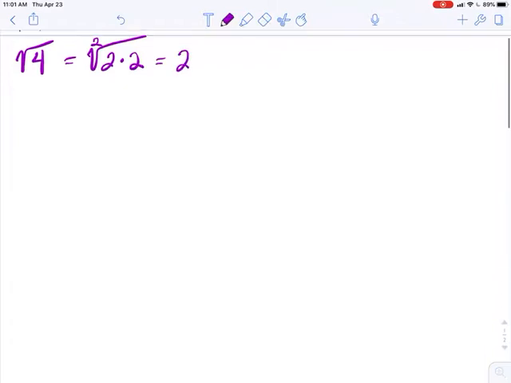And y'all know that. But what if I wanted the square root of 8, and I needed to simplify it? I want to take my 8 and look at all the prime factors of it.